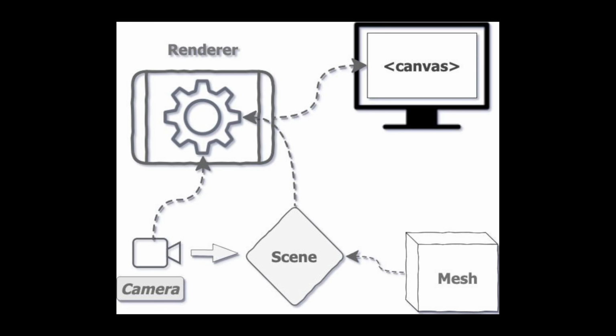We have the mesh here at the bottom, which we explained briefly previously, that the mesh is a visible object in our 3D scene, consisting of a geometry, which is the shape, and a material, which is the appearance. Okay, remember this. The mesh consists of a geometry, which is the shape, and the material, which is the appearance, the look of it.